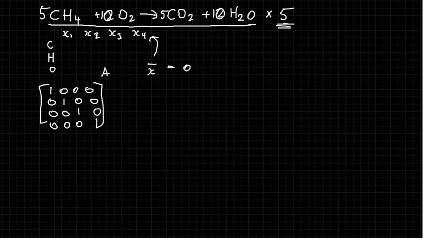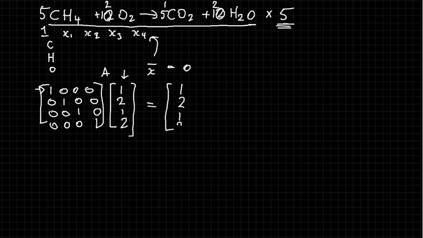Now if we times this matrix by our vector here, which is going to be 1, 2, 1, 2, which are the coefficients that are usually out here, this is 1 usually, this is 2, this is 1, this is 2. Then if we do the matrix multiplication, we take the row, put it down the column, and we're going to get out a vector 1, 2, 1, 2.